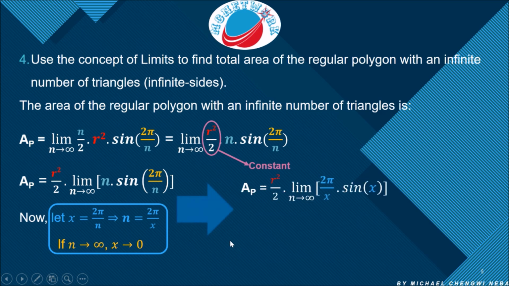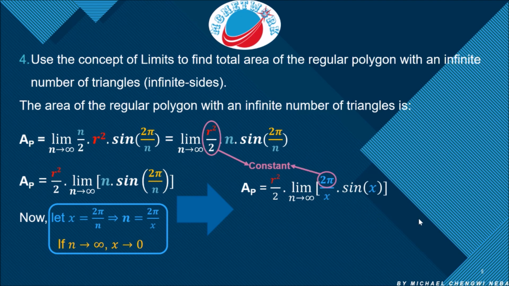Now, from this case, we can actually simplify this expression. And what will this expression become? This will be r squared over 2 multiplied by the limit as n tends to infinity of 2 pi over x, because 2 pi over x represents n in this case, and we have sine x. Now, if you look here, we discover that 2 pi is also a constant.